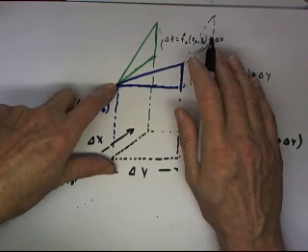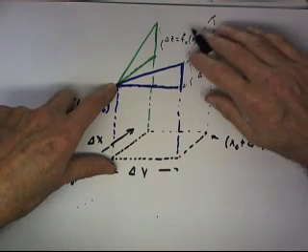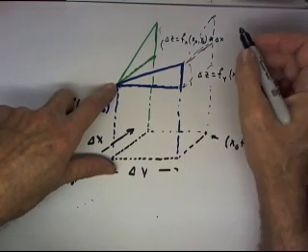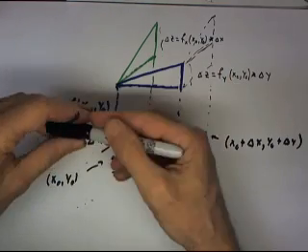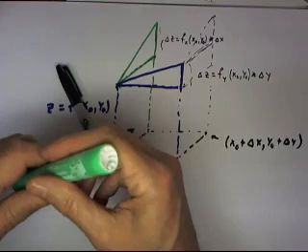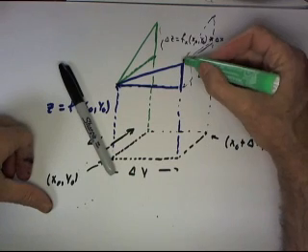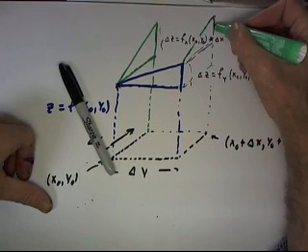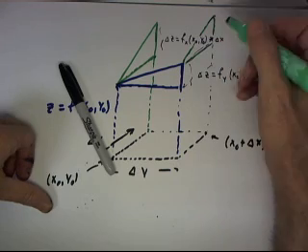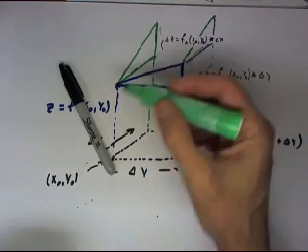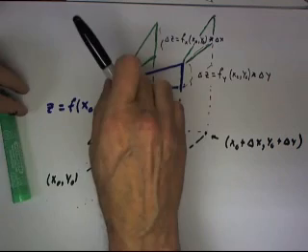Now that's the case to the extent that this triangle is similar to this triangle. Remember, this function is changing, and the slope of the function in the x direction might well be changing. But to the extent that the triangles remain similar, we're going to have a triangle here, and I'm going to make that green, and this should be similar to this triangle.